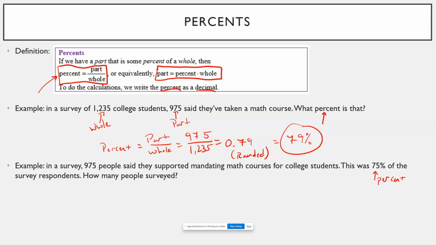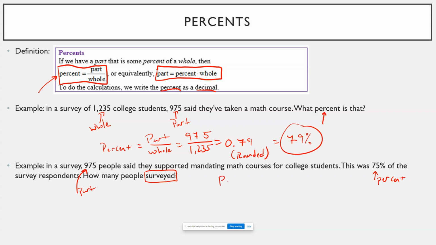And you have to figure out, is 975 the part or is it the whole? Well, it doesn't seem like this is everybody, because if this was 75%, that means 25% were like, no, you don't need to mandate math courses. So this is the part.